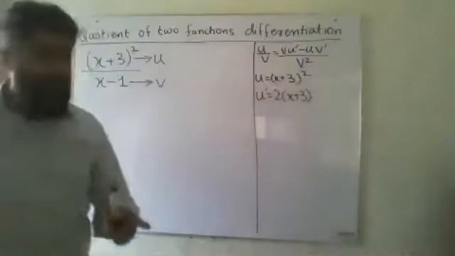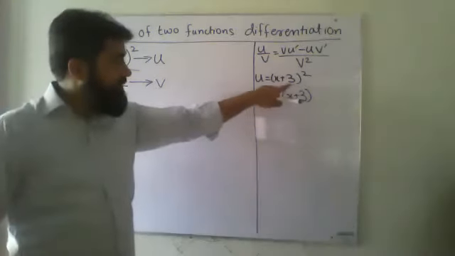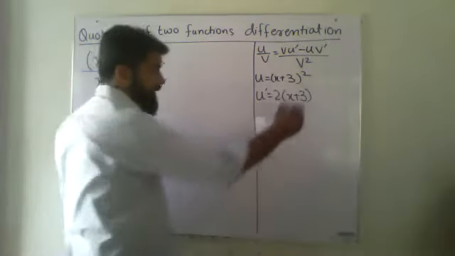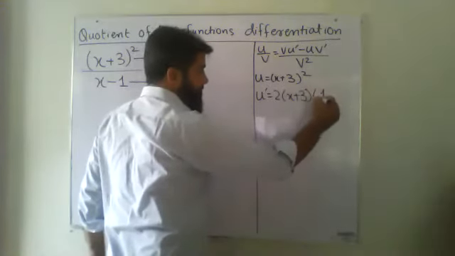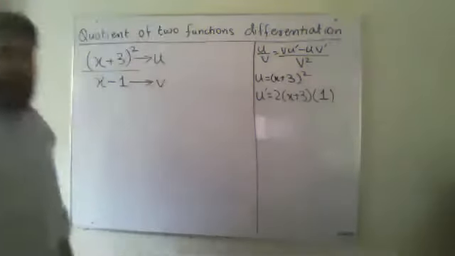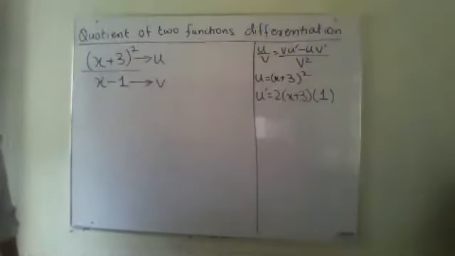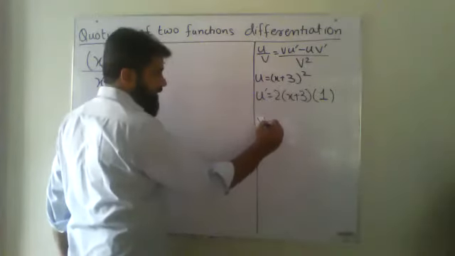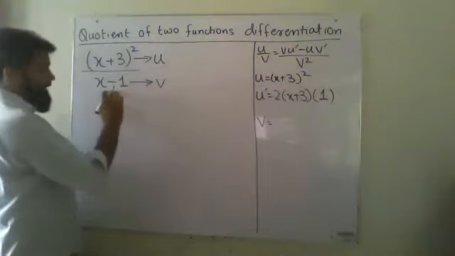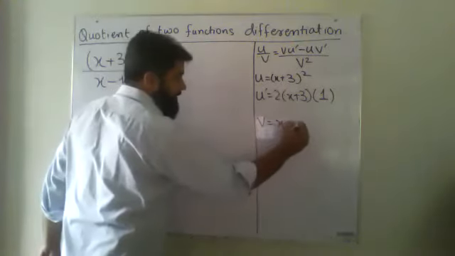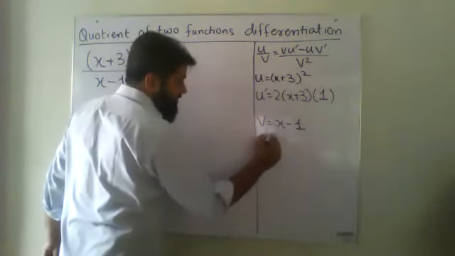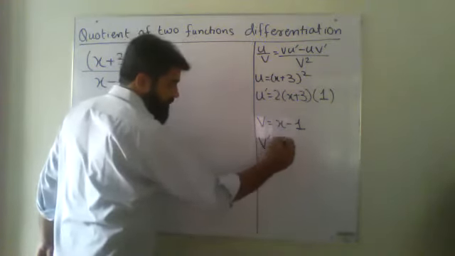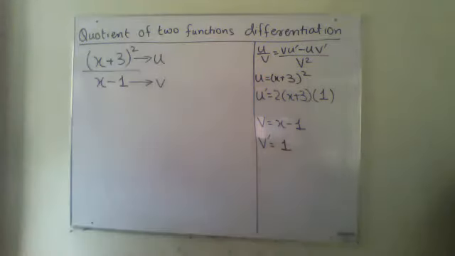After that, I am differentiating whatever is inside the bracket. So differential of x plus 3 will be 1. After that, what is my v? My v is x minus 1, and my v differential is, differentiation of this will be 1.